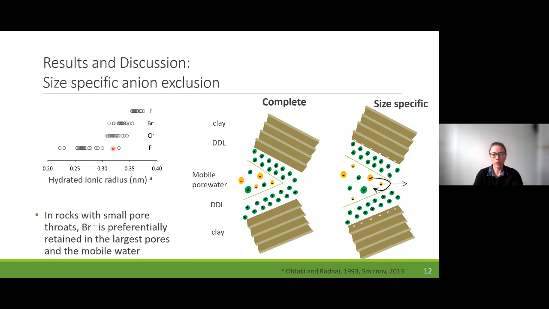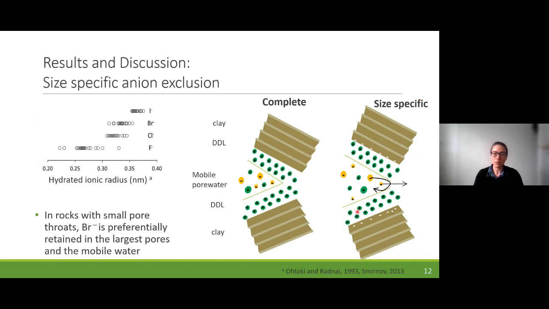Well, if we look at our hydrated ionic radii of bromide, we see that the bromide anion is slightly larger than the chloride anion. We know in these clay-rich sedimentary rocks, we can have anion exclusion effects, and these can be complete anion exclusion, where the diffuse double layer overlaps, preventing the movement of anions through the pore formation, so between pore spaces.